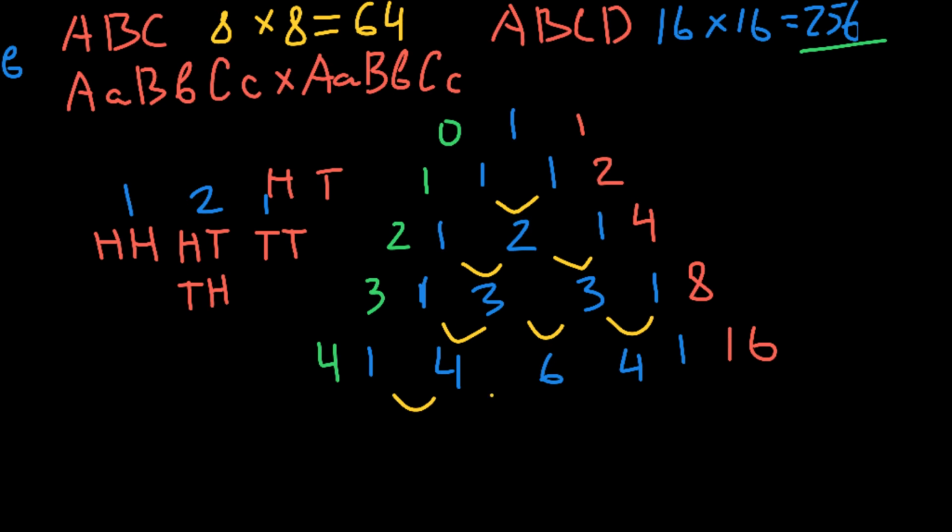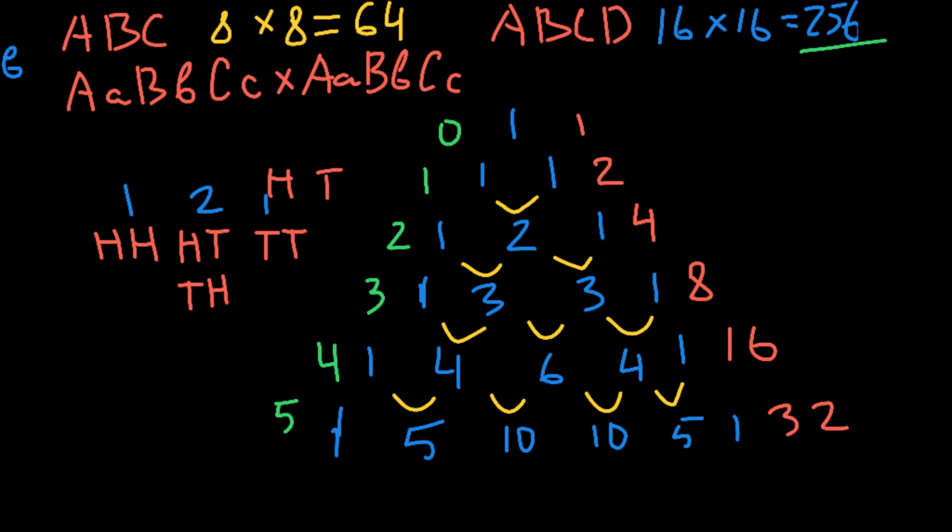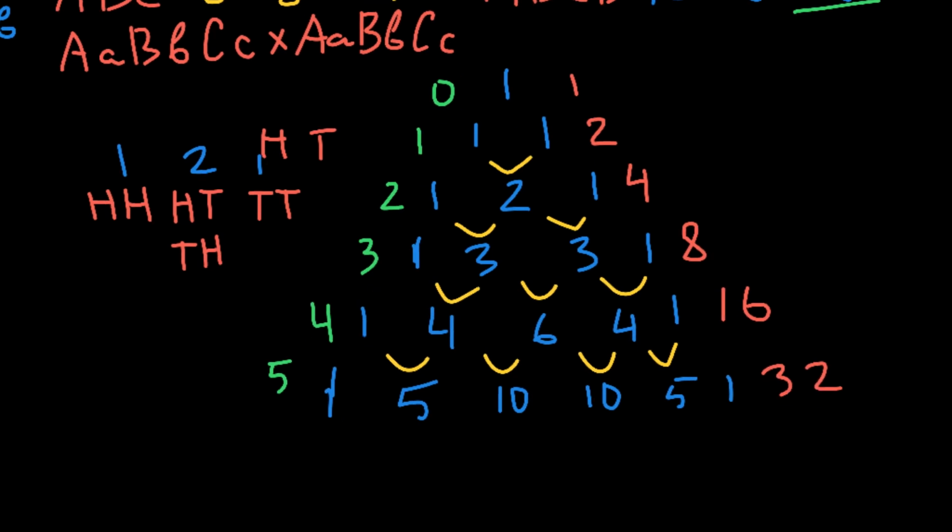Next row, once again we are looking for 256. Row number 5, 1 on the side, 5 and 10, 10, 5 and 1 here, and if you add all these numbers we are going to get 32.